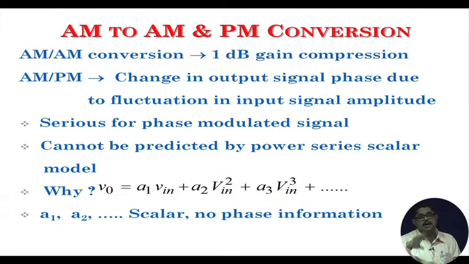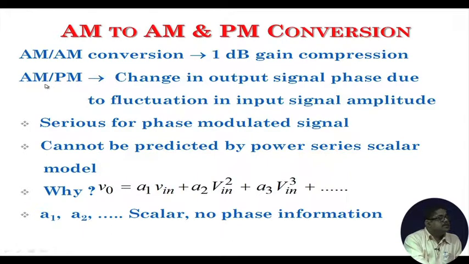Due to nonlinearity, we have seen that the gain gets changed. If you consider the third order intercept point, your gain gets changed, and that characterization, this AM to AM conversion, is 1 dB gain compression.